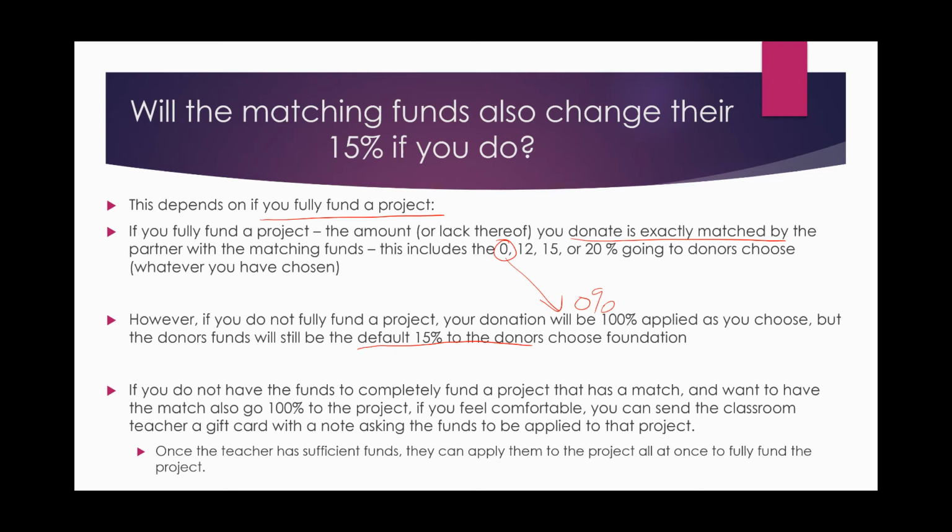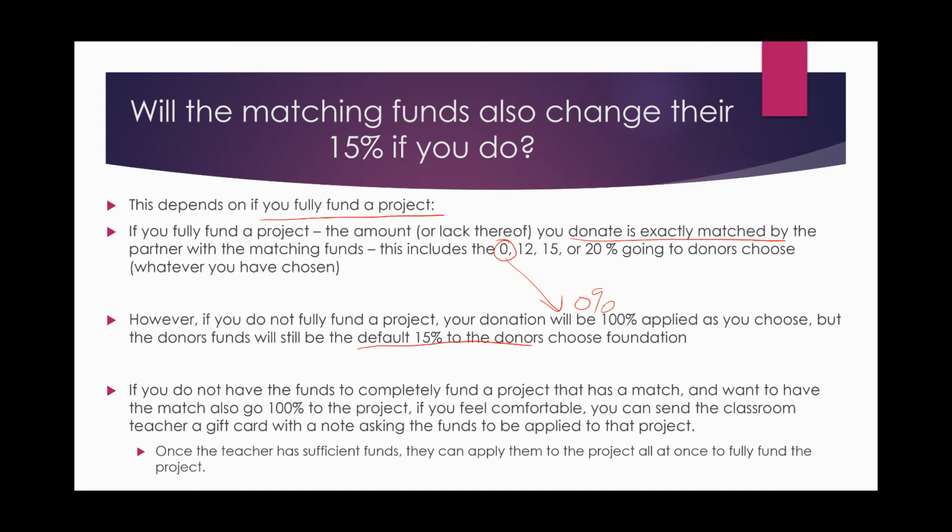So there is a way around this if you feel comfortable and you like the teacher. What you can do is you can go to fund a project and choose to instead give that teacher a gift card.